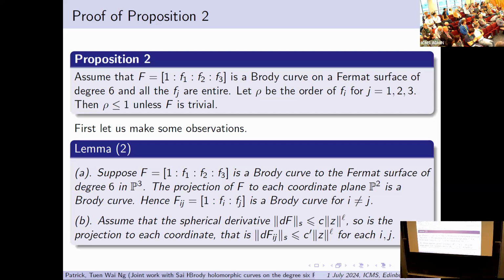If you have, instead of a sum of three functions, a sum of k entire functions to the power n, then you have two parameters. If n is big, there's already some estimation.